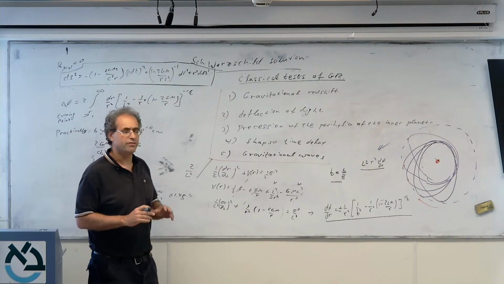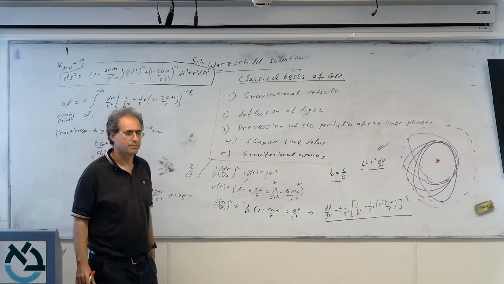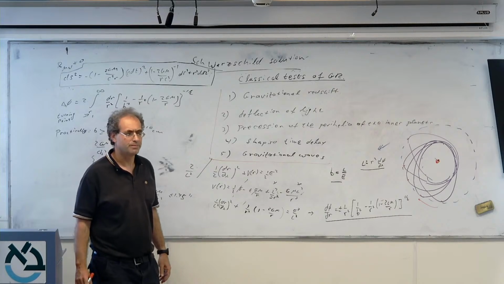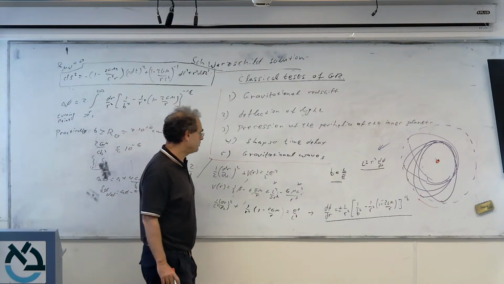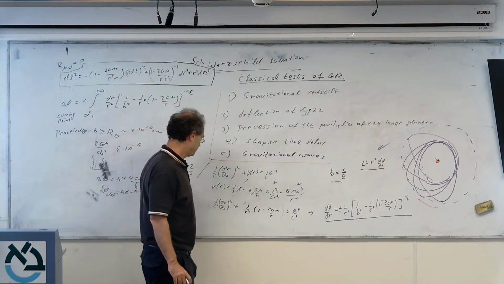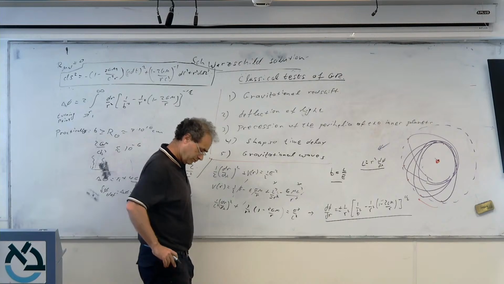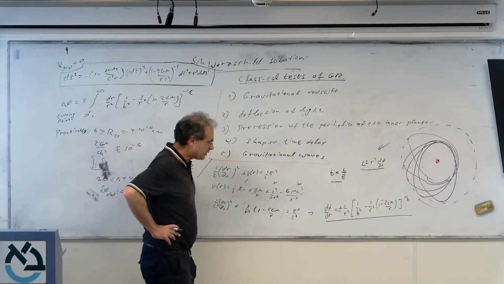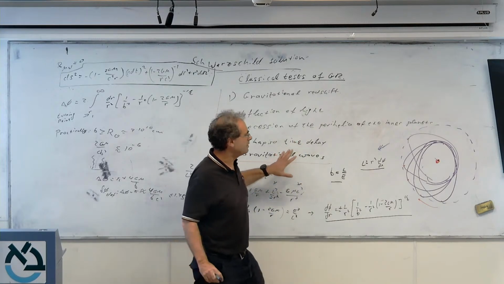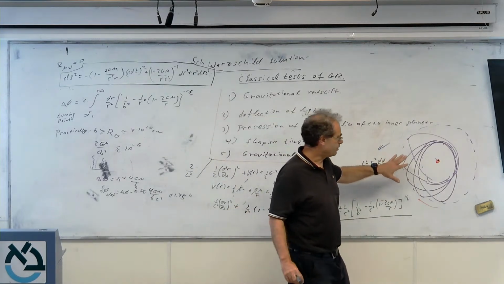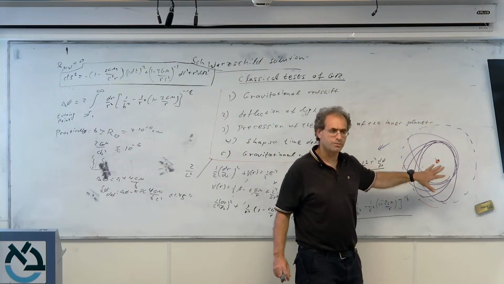Yes? In each rotation, is this perfect? Only if you have a perfect symmetry. In principle, no. It can only be perfect when I'm talking about this problem of motion in a gravitational potential.